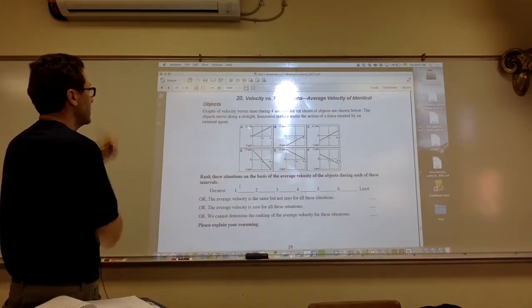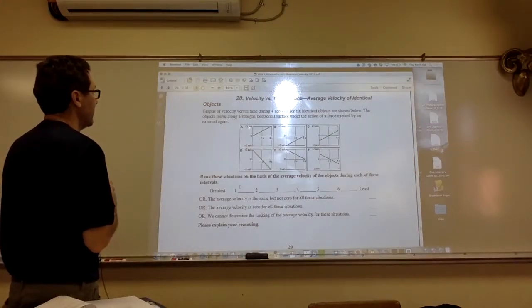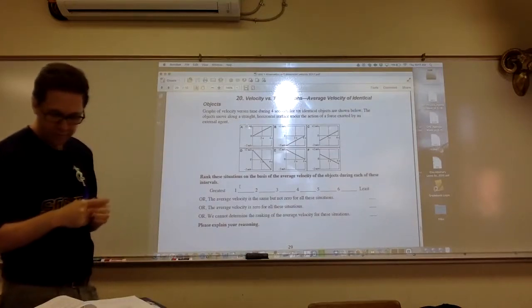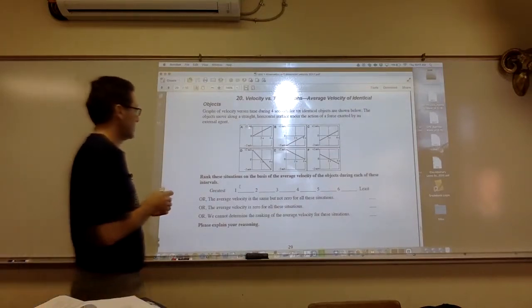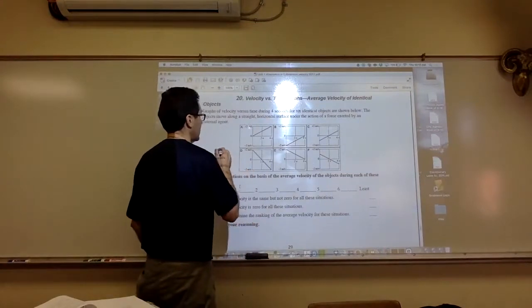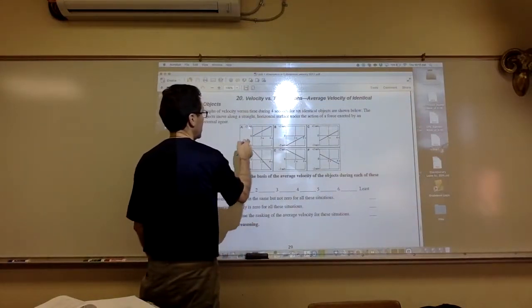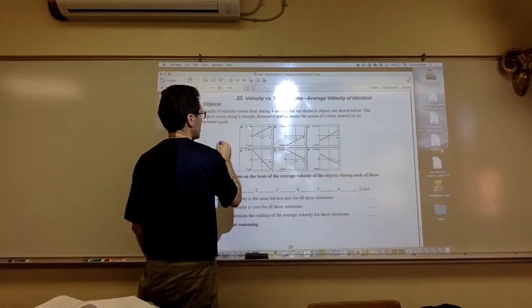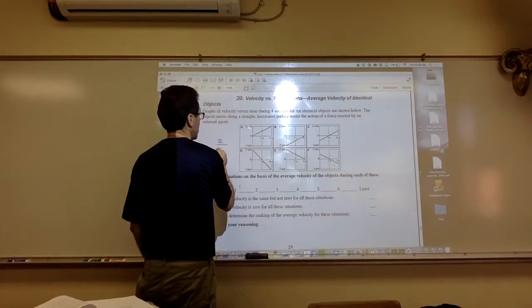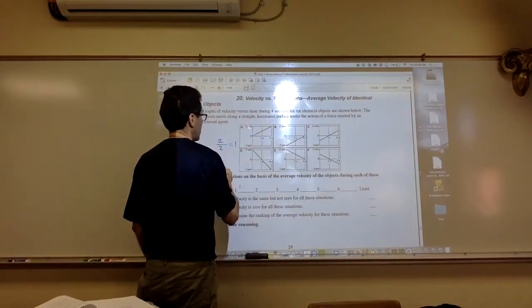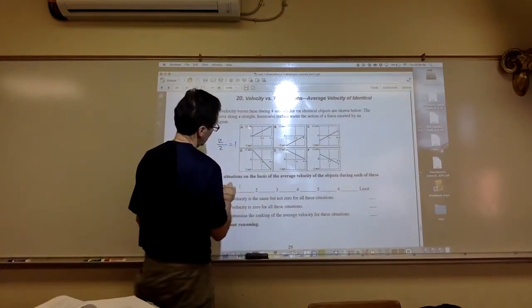Okay. Find the average velocity. We just add up the velocities and divide by 2, I guess, right? Because it's a constant acceleration. So this is just going to be you're going from 0 to 2. So it's going to be 2 over. So this is a 1 in here.